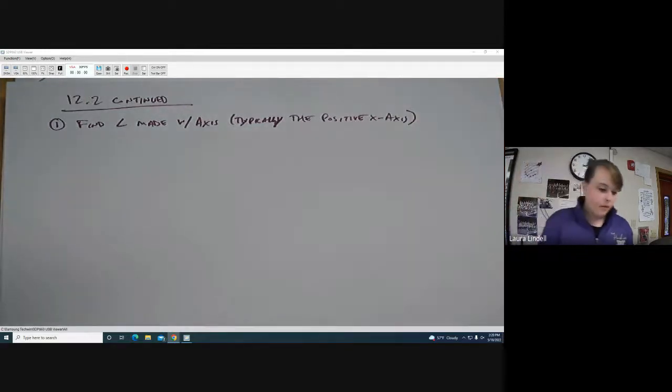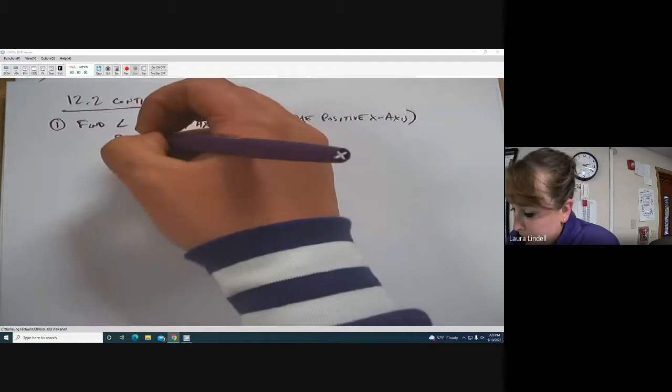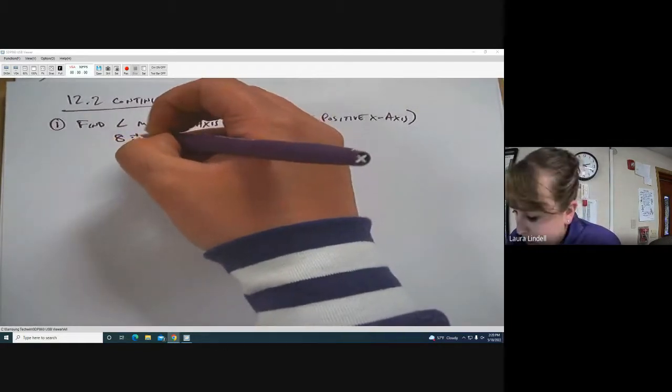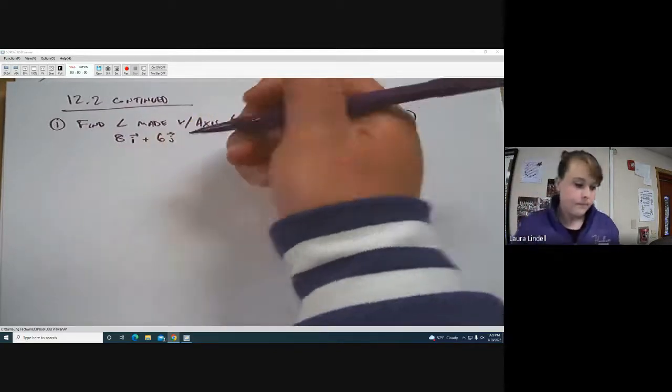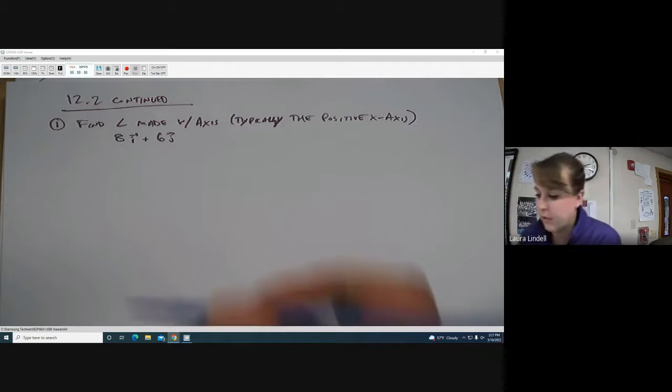Okay, so we're going to use the vector 8i plus 6j. If I want to find the angle made with the positive x-axis on this one, first off, this is just a two-dimensional vector, so I can just plot this real quick.